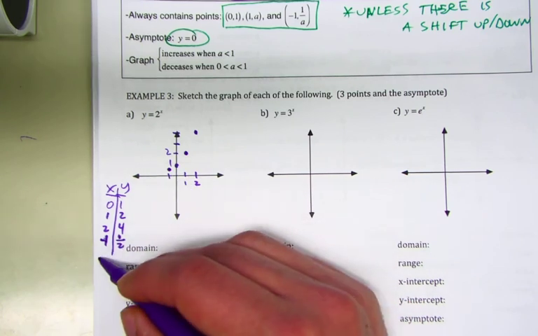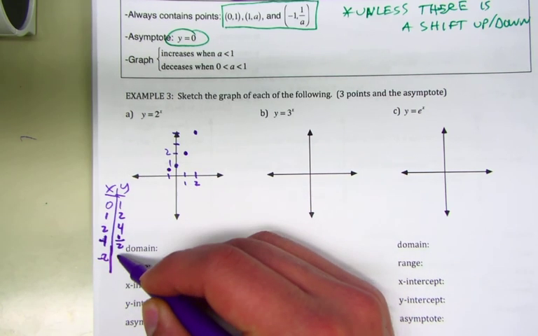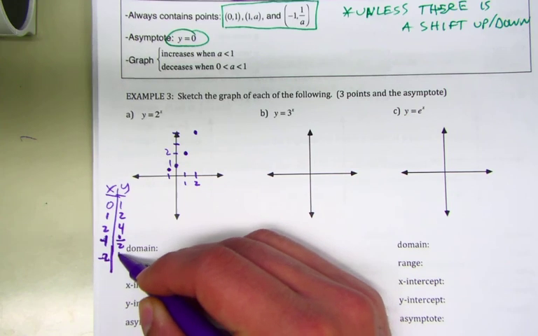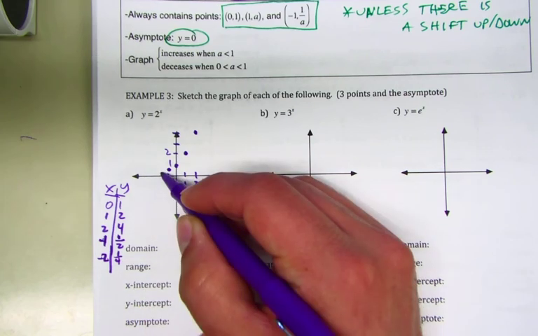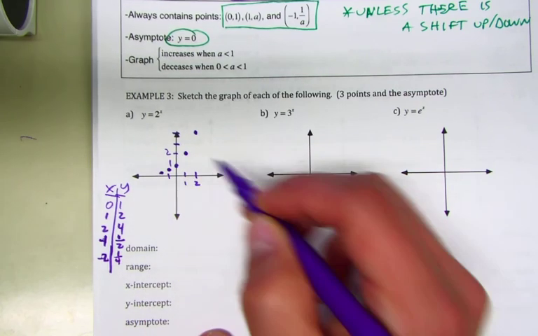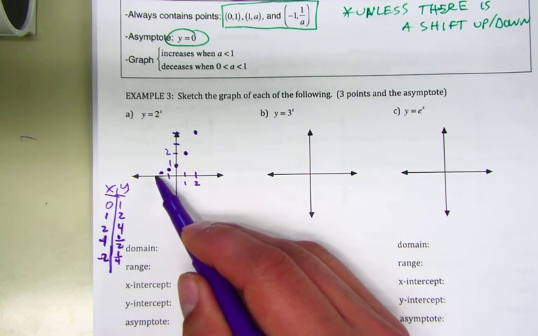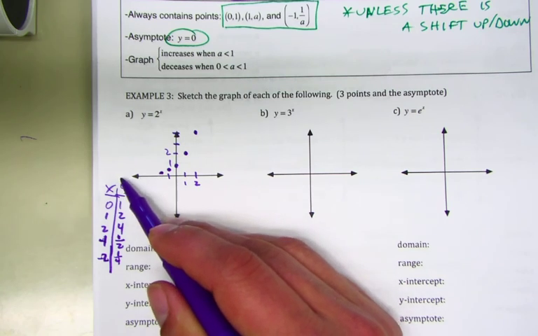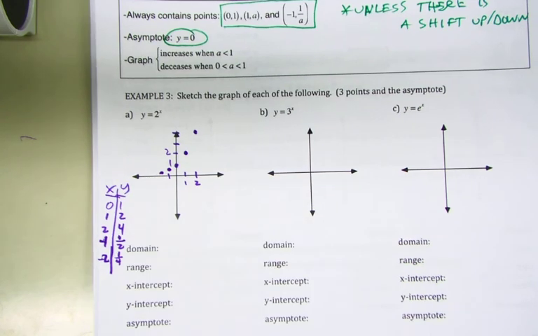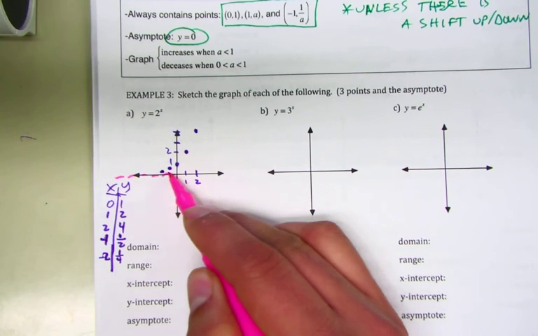Now if I do -2, instead of 1/2, it'll be 1 over 2 squared, which is 1/4. So now this gets lower, but not 0, right? What's going to happen if I keep going backwards here? Closer and closer to 0, not ever equal to 0, right? And that's why we have a horizontal asymptote.